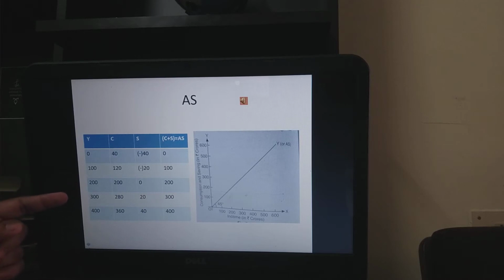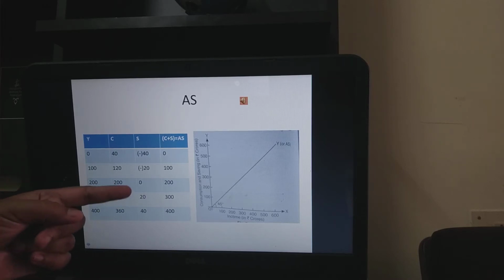Now beyond the break even, you observe that income is increasing, consumption is also increasing, but there is no more excess consumption expenditure over the income. See that 280 is the consumption expenditure, 360 is the consumption expenditure, but income is more than that. Income is 300, income is 400.